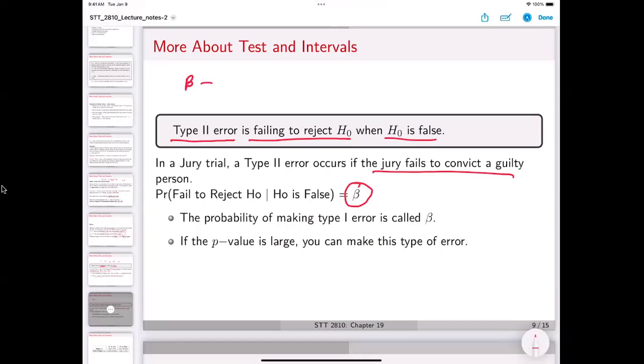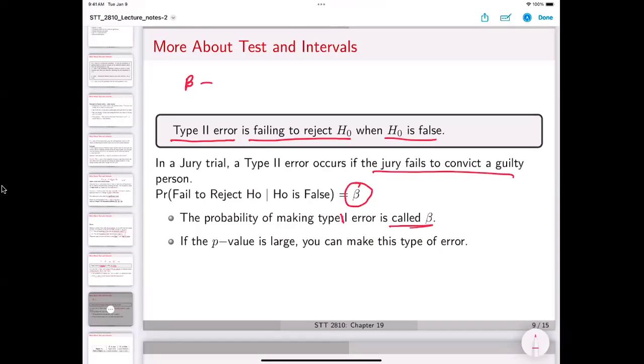Alpha, type 1 error, level of significance. So you can see I also went ahead to write here that the probability of making type 2 error, I think here should be 2, is called beta. Probability of making type 2 error is beta.